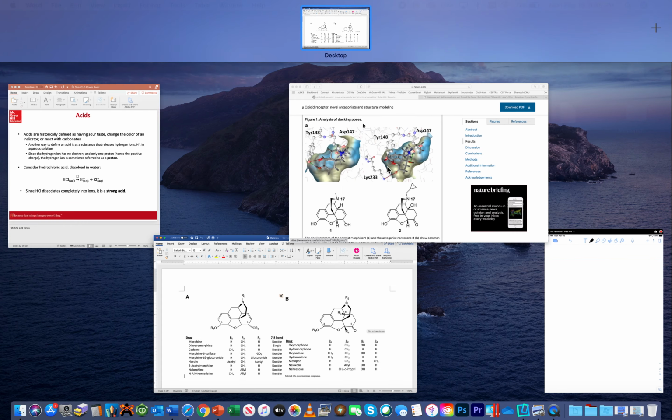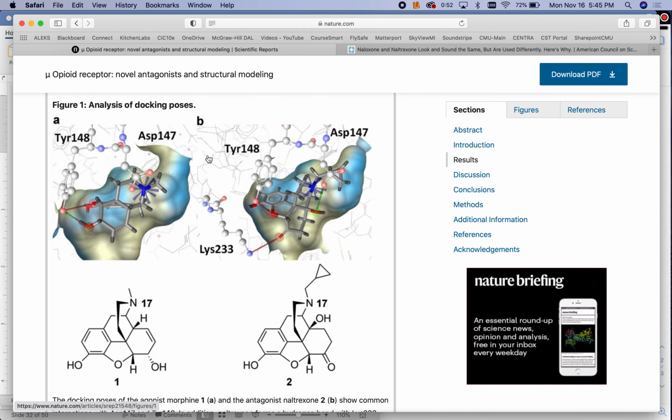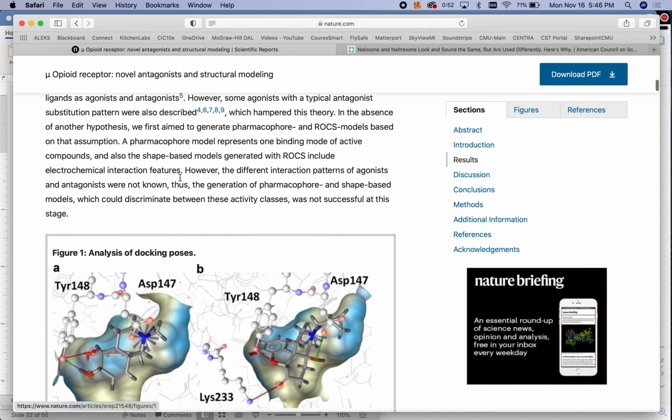And so if you look at the very complicated binding site in your brain, the receptor site, it's a whole mess of different kinds of amino acids. It's really complex.